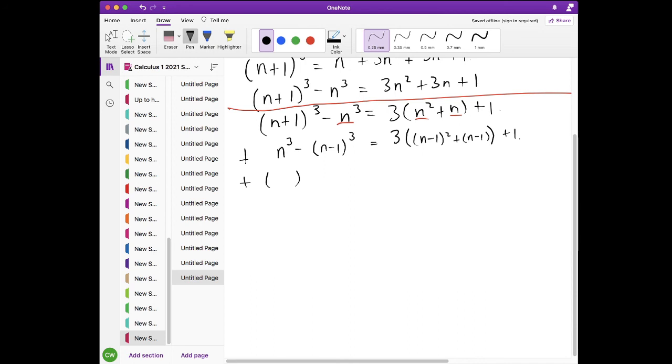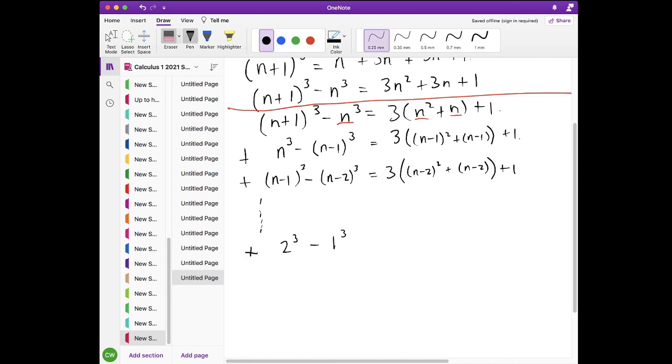Yeah, it's going to be n minus 1 cubed minus n minus 2 cubed, and it's going to be 3 times n minus 2 squared plus n minus 2 plus 1. So I'm going to keep doing this until we get to 2 cubed minus 1 cubed.